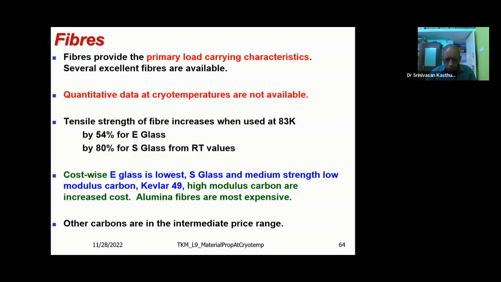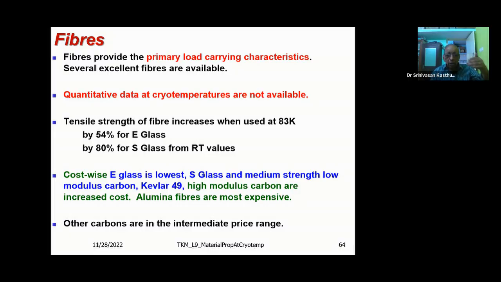Looking at the cost, there are cost variations. E glass is the lowest, S glass, then medium strength, low modulus carbon fibers, Kevlar, then high modulus carbon. So they are in increasing order of cost. Alumina fibers are the most expensive. Other carbons are all normally in the intermediate price range.